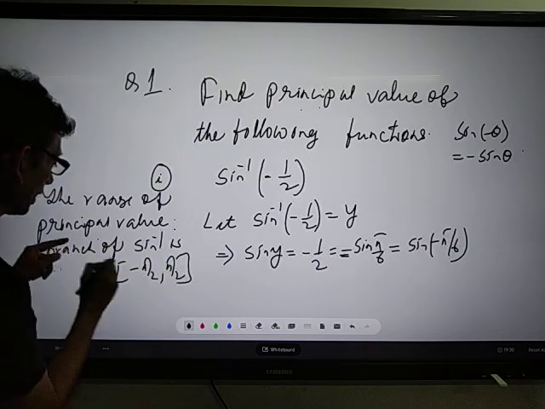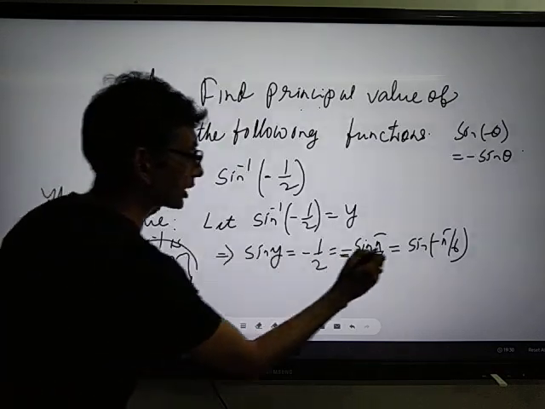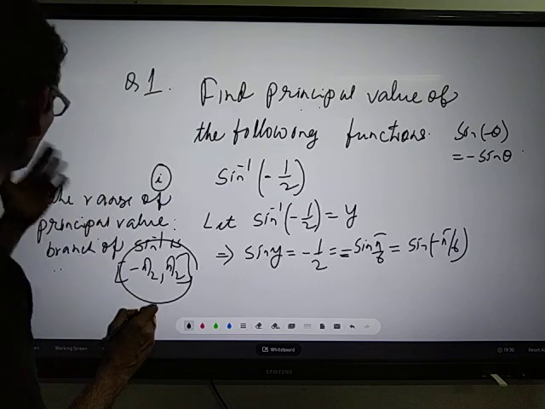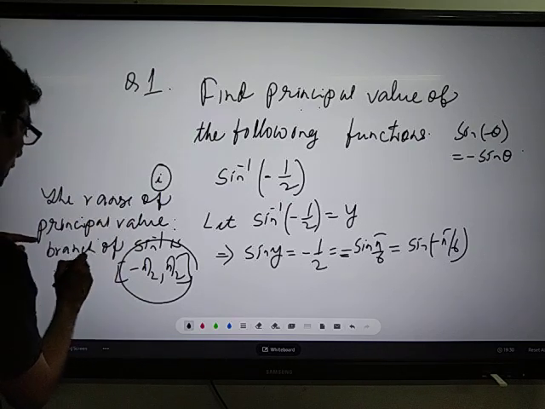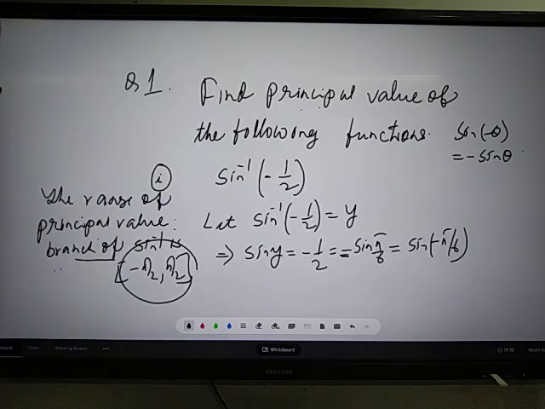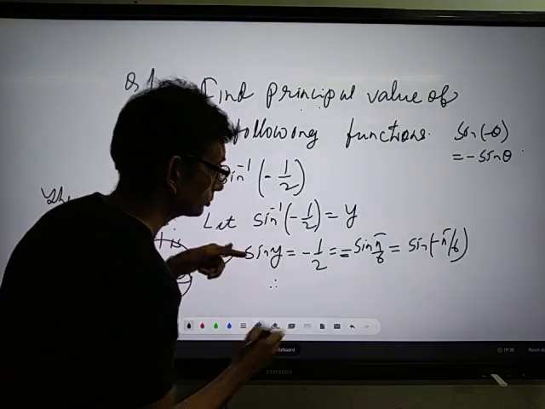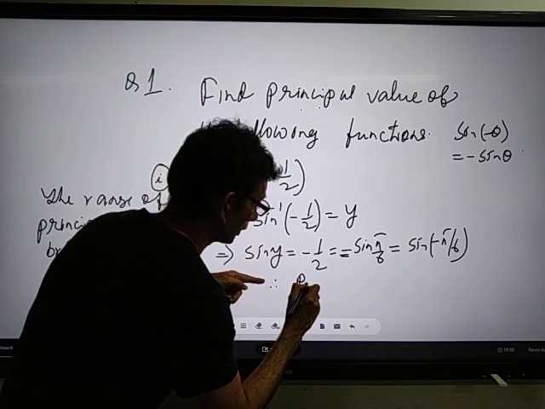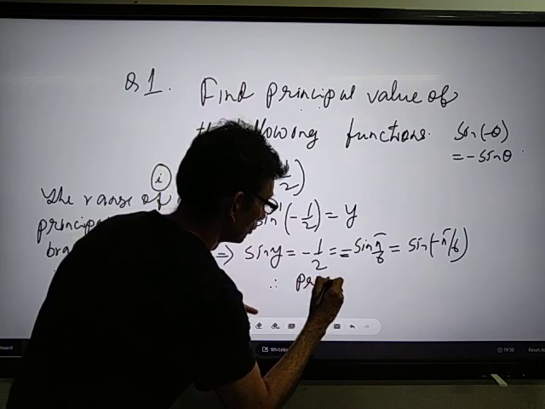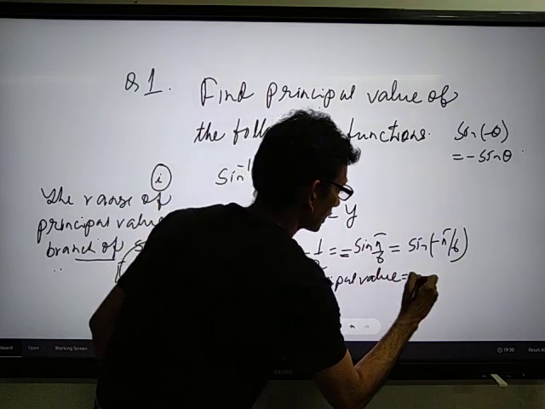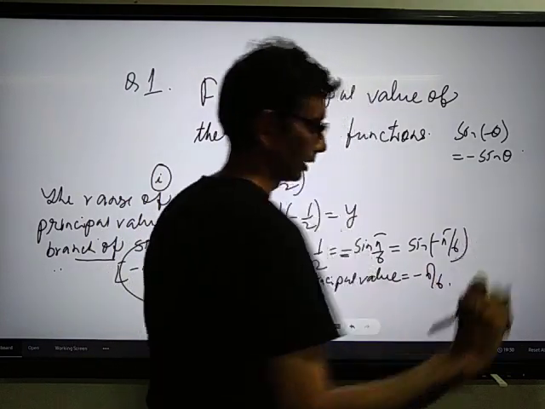We need to check whether minus pi by 6 is lying here or not. It's lying, therefore principal value is equal to minus pi by 6. Done.